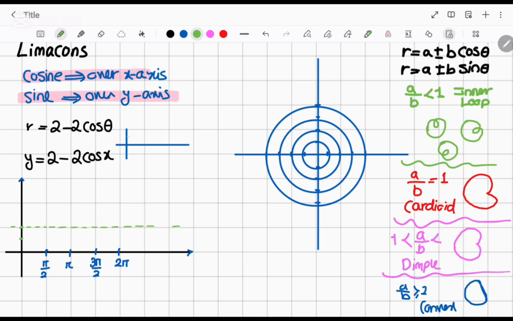If the cosine function looks like this, since this is getting reflected, then it's actually going to look like this. So if I graph this cosine at 0, it's at its minimum point, which is 0 over here, and at pi over 2, it's going to go back to 2.